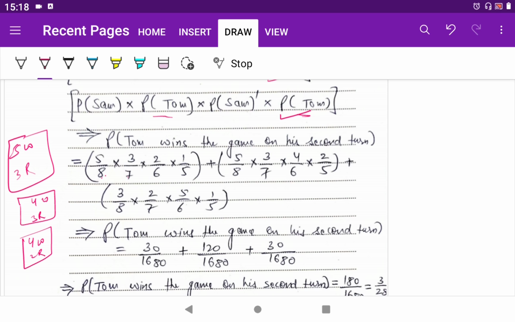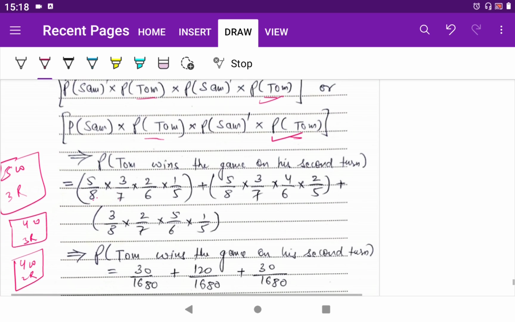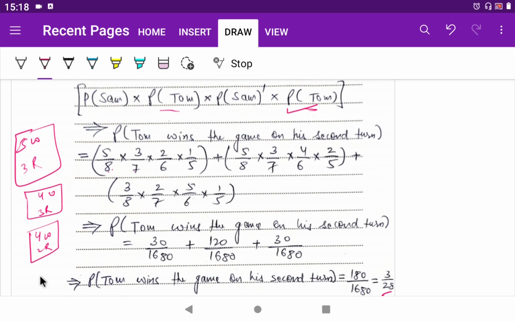And now Sam played, and Sam also removed a red one. So 4, and it's 1 only. And again Tom will play, and he also needs to remove a red one to win the game.